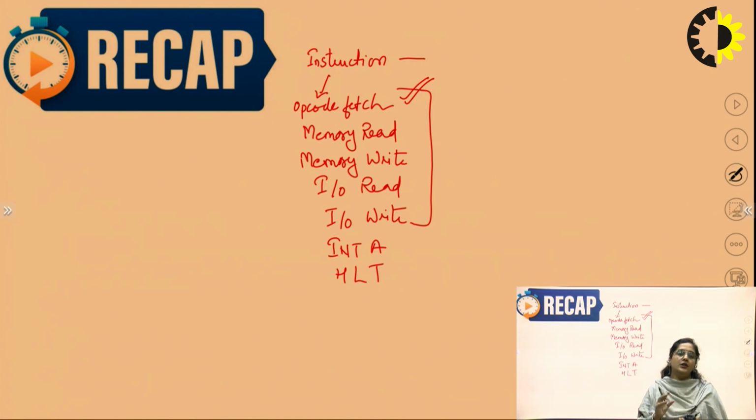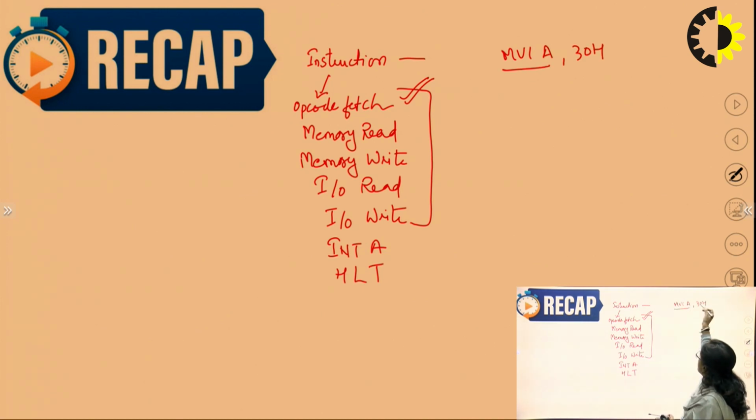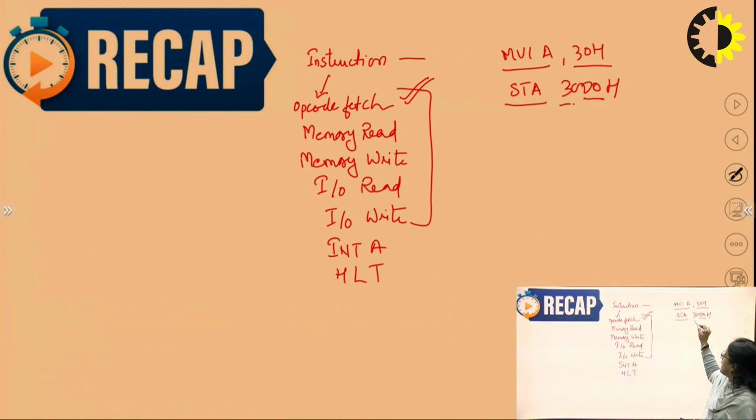It all depends on that opcode that is fetched and decoded. We have seen different examples, like in MVI A, 30H, first the opcode fetch, then a memory read operation has to be performed. If we write STA 3000H, then first opcode fetch, then memory read, again memory read and memory write. The fourth machine operation will be memory write. So it all depends on the instruction which machine operations have to be performed.